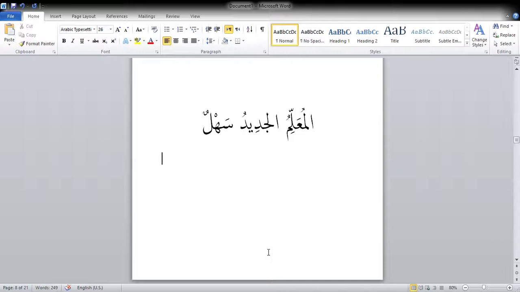So you can tell that's a Mawsoof Sifa construction. And sahlun, that's kind of throwing me off. I don't know.